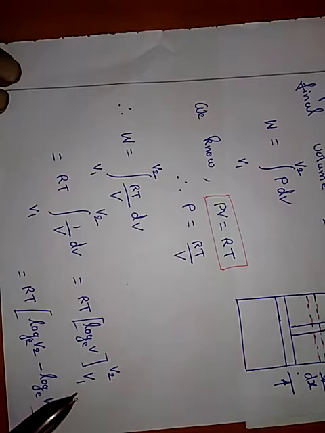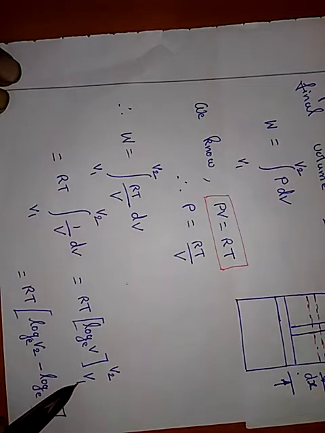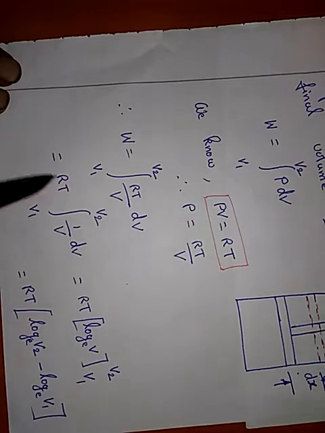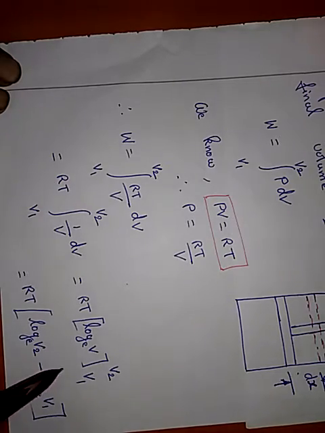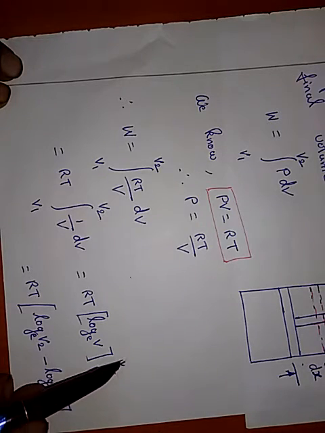1 by V dV is nothing but log V. Log V means base is e. So upper limit is V2, lower limit is V1, RT is constant, we have taken outside the integral. Now upper limit minus lower limit. So you substitute upper limit, this is V2 minus lower limit. So RT into log V2 minus log V1.